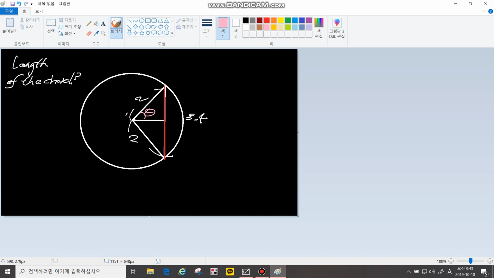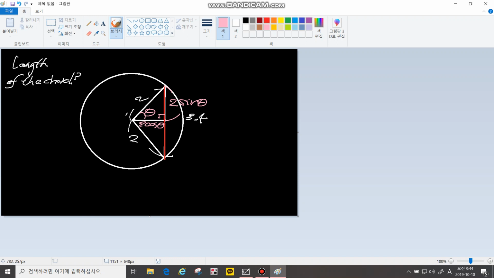you know that the base of the right triangle here is 2 cosine theta, and then the height of this right triangle here, this part from here to here, is 2 sine theta.